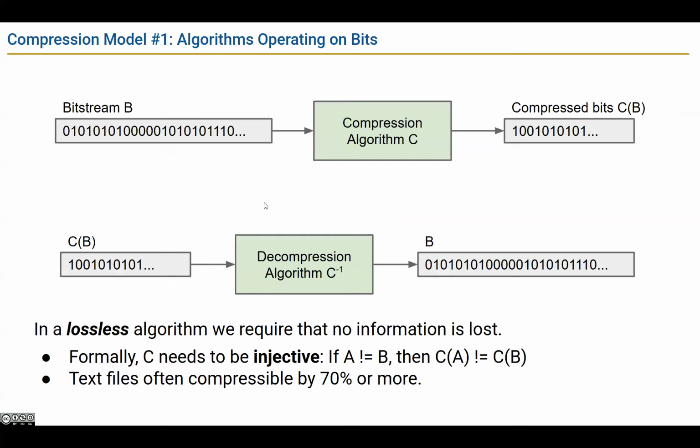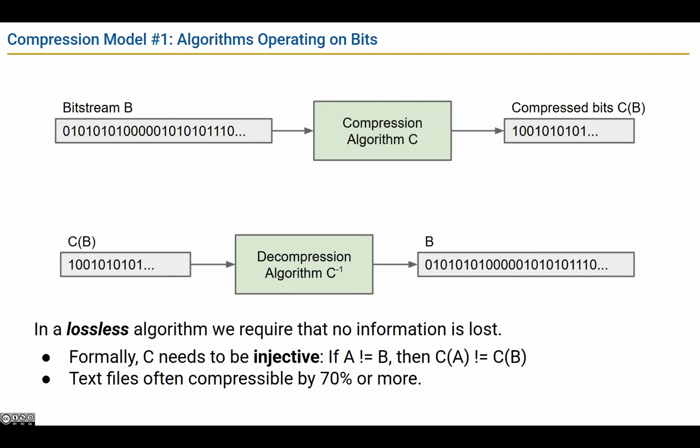So here's the general approach, the theoretical model we're using. We take a long string of bits, we apply this compression algorithm, and then we get a compressed sequence of bits. So ideally, C of B is shorter in length than the original B. And we need this to be an injective function. We need to be able to go backwards.